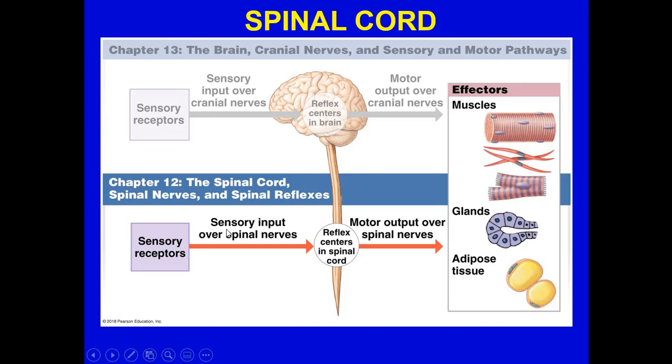Here, what we're going to do is look at the sensory input from the spinal nerves, the reflex centers in the spinal cord, and then the subsequent motor output over these spinal nerves. Now, you've got to keep in mind that the effectors are going to be muscles, whether that's skeletal, smooth, or cardiac muscles, as well as glands, and in some cases, adipose tissue.